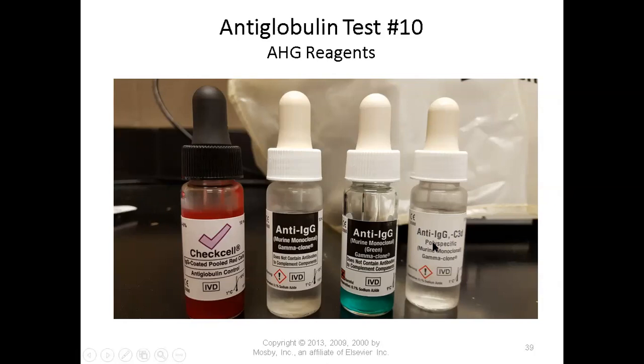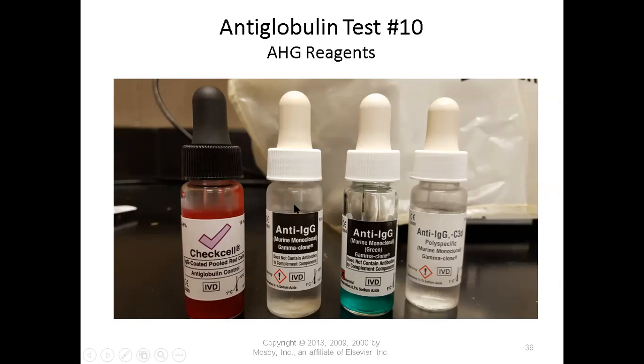So it's polyspecific. It has more than one antibody present in it. Typically when we're doing anti-human globulin testing, we start with the polyspecific. If we get a positive with polyspecific, then we need to go on and test with monospecific to find out whether IgG or complement are coating the cells.